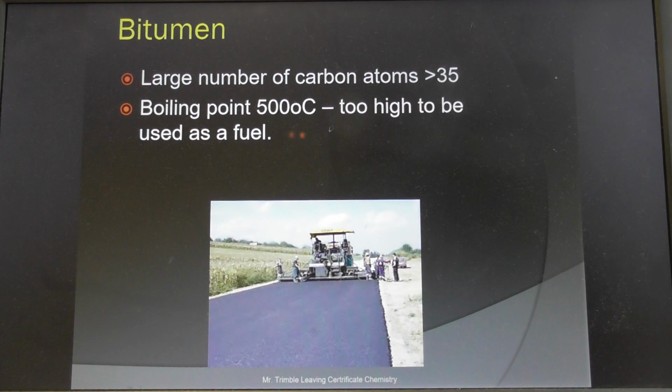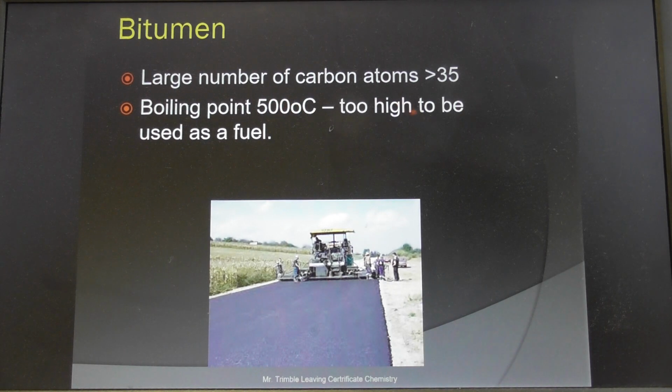Bitumen tar is an example of what you get when you go above 35 carbons. You've got such strong temporary dipoles now that it actually can hold as a solid. So even though it's a non-polar molecule, it's holding as a solid at room temperature, and the boiling goes all the way up to 500 degrees Celsius.